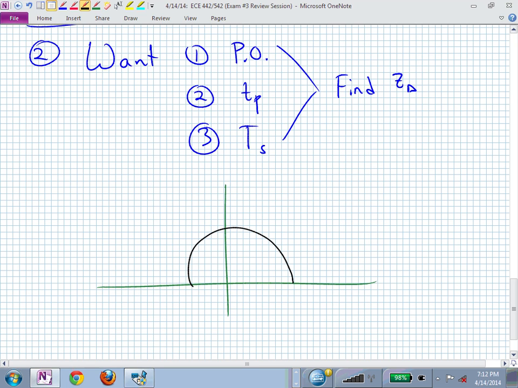If you want percent overshoot 10% or less, you want your zeta bigger, which is closer to the real line. You want it inside, don't you? I could turn that around. I could say I want a percent overshoot of 20% or more. But you may still need to be stable. So now you're inside the unit circle, but outside the heart of that appropriate zeta value. Is that clear?